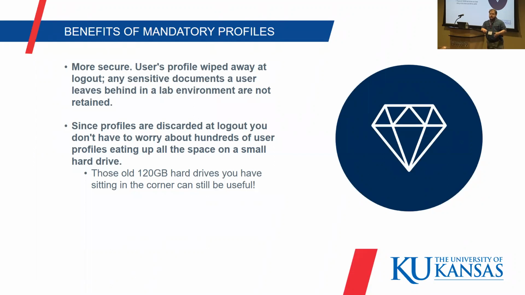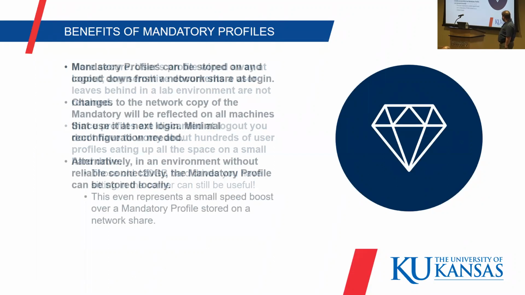With this, as soon as the user is gone, everything they had on their desktop also is gone. And because those profiles are discarded at logout, you don't have to worry about a small hard drive filling up with hundreds of user accounts. So you can continue to use small hard drives and I guess save costs that way as well.